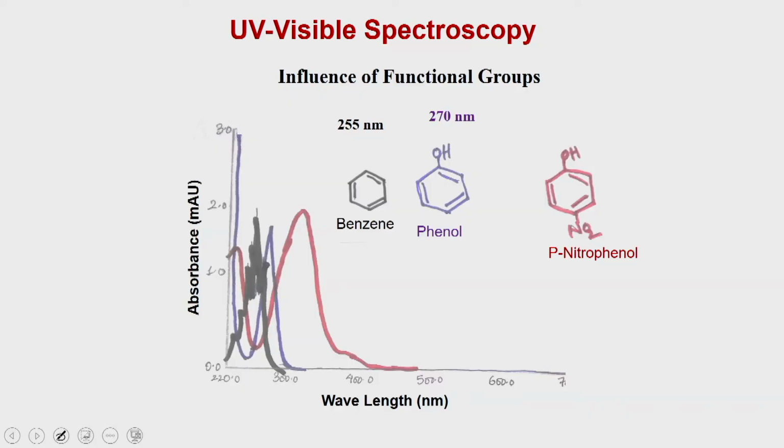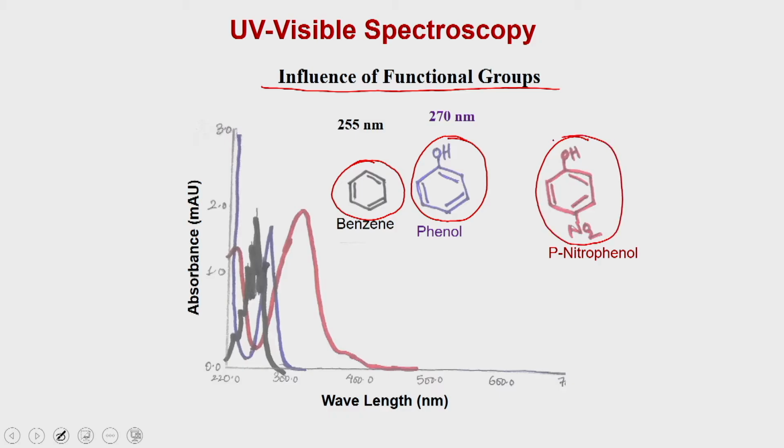So, you can imagine that I am going to see the influence of functional groups. If you remember, we were talking about three molecules: benzene, where there is no functional group present, then phenol, which contains OH as a functional group, and then para-nitrophenol, where you have two functional groups.